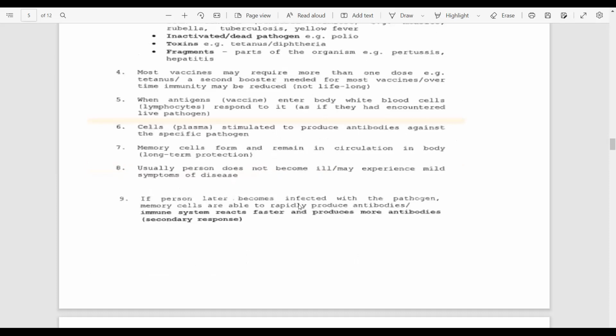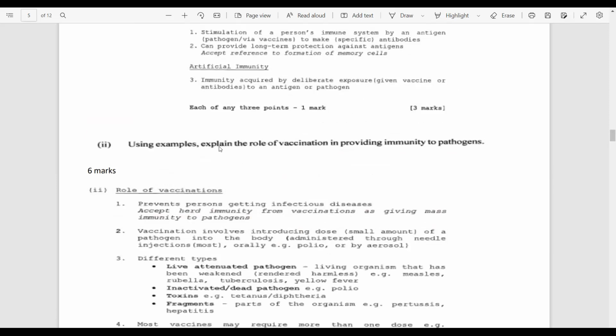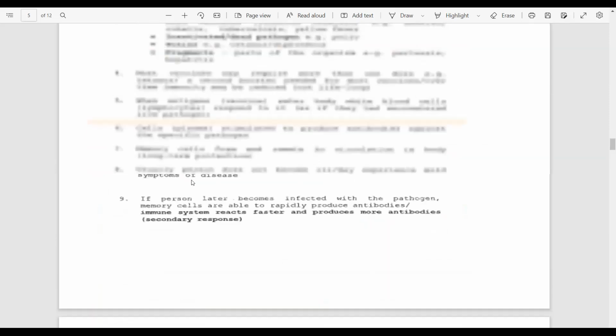So if persons later become infected with the pathogen, memory cells are able to rapidly produce antibodies. The immune system reacts faster and produces more antibodies. That's a secondary response. So that is how we can speak about the role of vaccination in providing immunity to pathogens.